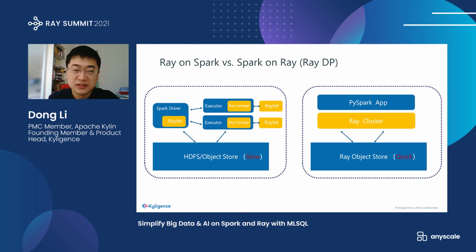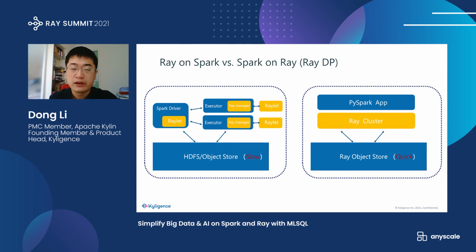Yeah. So let's come back to the Ray and Spark combination. At present, we have seen two kinds of implementation. The first one is Ray on Spark. It is developed by the Spark community, which means Spark acts as the resource manager to run Ray processes. See the left picture?